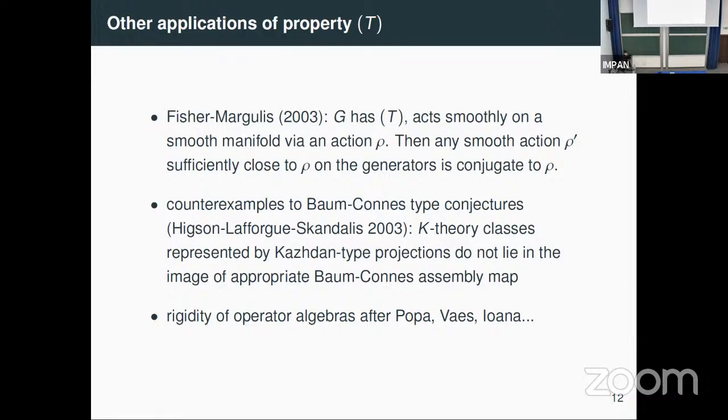You get a von Neumann algebra, and you ask how much of the group the von Neumann algebra remembers. So if two algebras are isomorphic, are the groups isomorphic, and so on. Again in this setting, property T is crucial for proving these results.